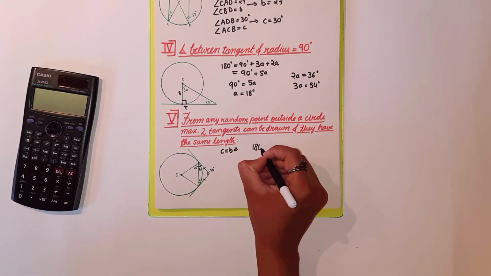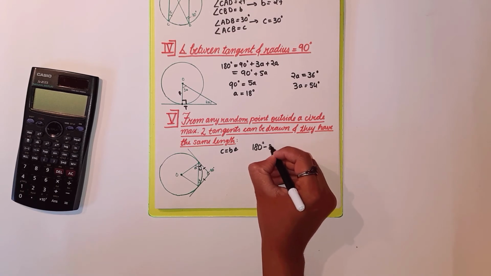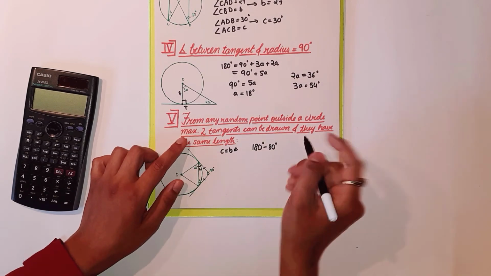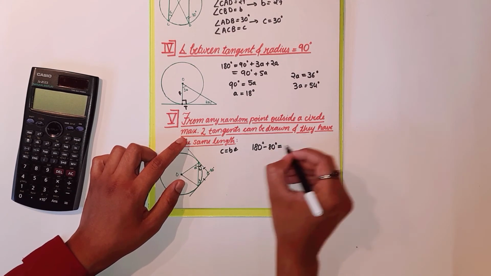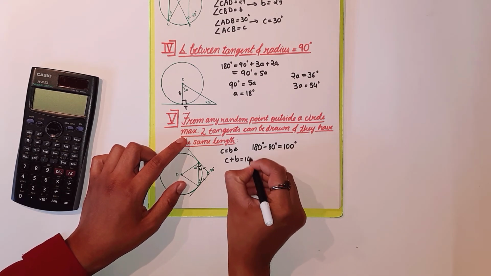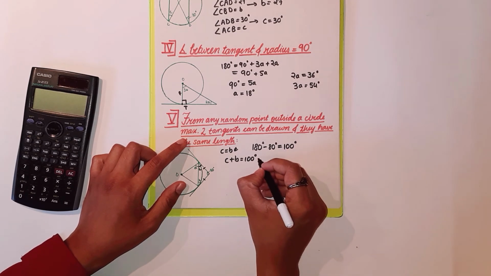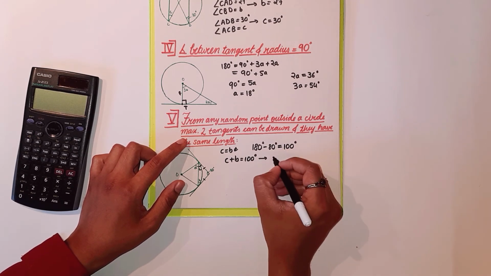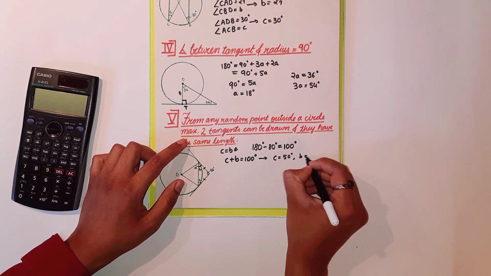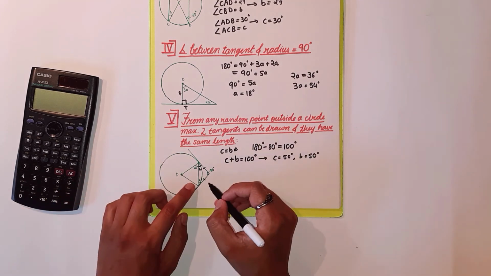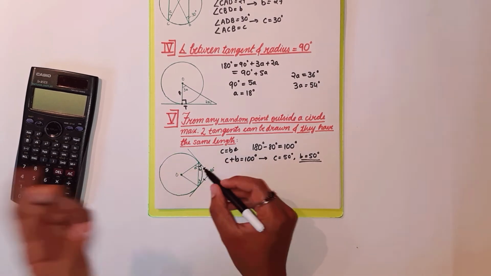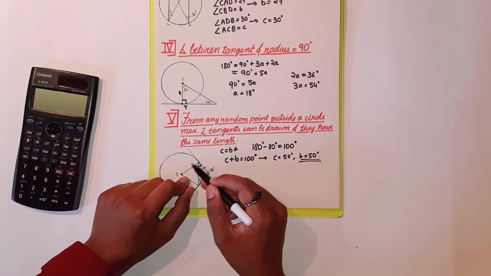So what we actually have is 180 degrees minus 80 degrees to get rid of this angle, and then we will know what is C plus B. And this is 100 degrees. So C plus B is 100 degrees, and as they're equal, we get that C is equal to 50 degrees and B is equal to 50 degrees. And with that, we have found B, which we wanted. C is not so important, but it will come now in order to calculate A.